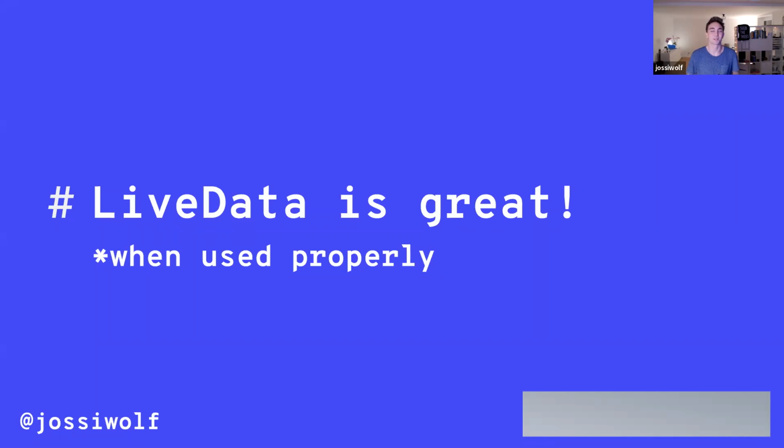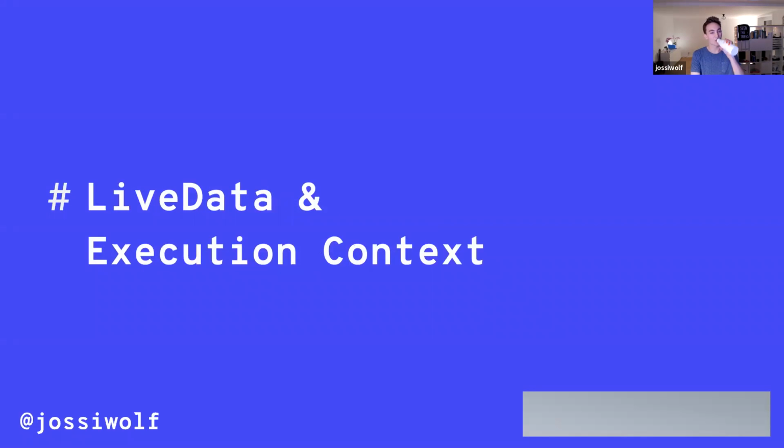Why does it just not respond in some places? So we started looking into this, and turns out something in our code is blocking the main thread. And that led us to a super, let's call it fun lesson about LiveData and execution context.